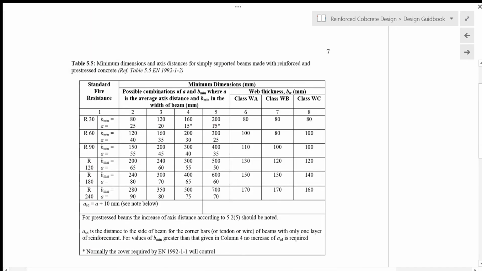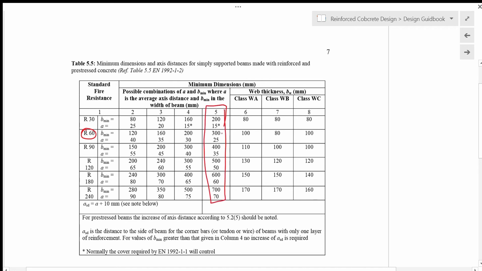So for width of 400 mm for R60, which is 1 hour fire resistance, you don't have a b min of 400 mm. The maximum is 300 mm. Okay, so the 400 mm is more than 300 mm, so meaning that we can use the minimum value of axis distance a equals to 25 mm under this column here.